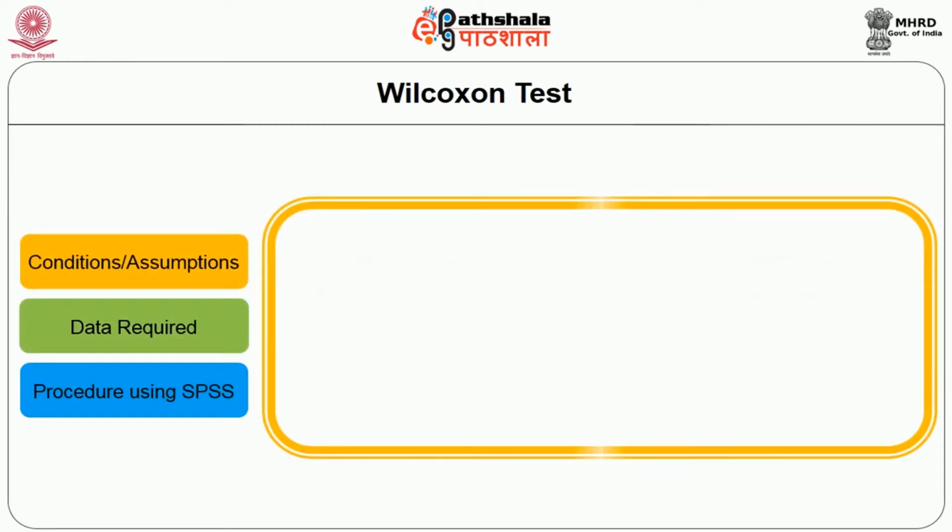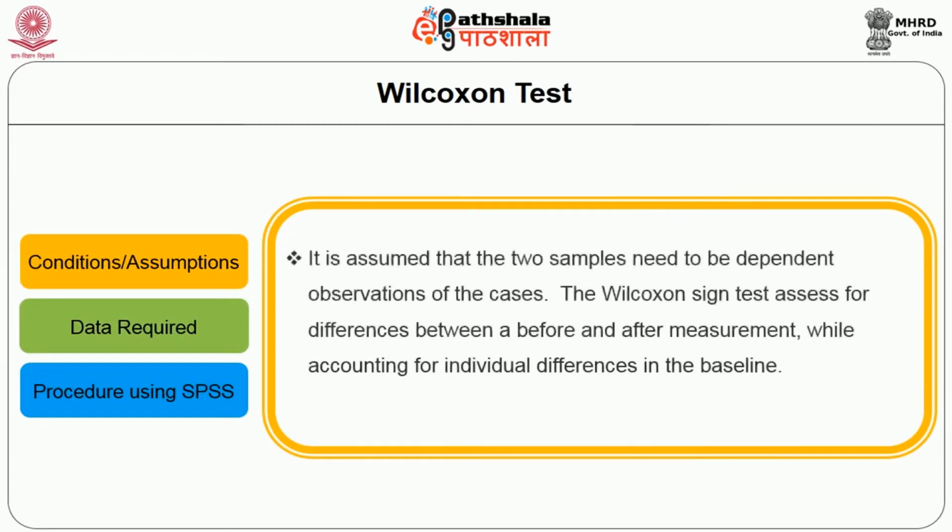Moving on to conditions or assumptions, it is assumed that the two samples need to be dependent observations of the cases. The Wilcoxon signed rank test assesses for differences between a before and after measurement, while accounting for individual differences in the baseline. The data is assumed to be numerical in nature.